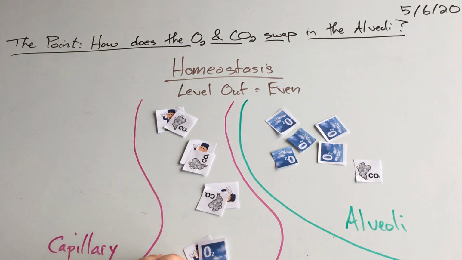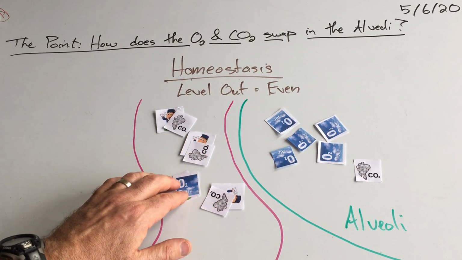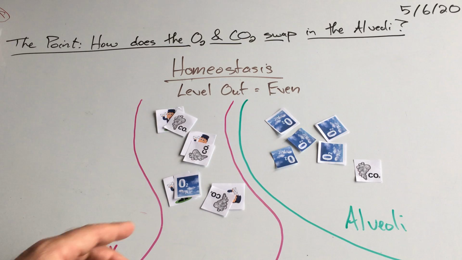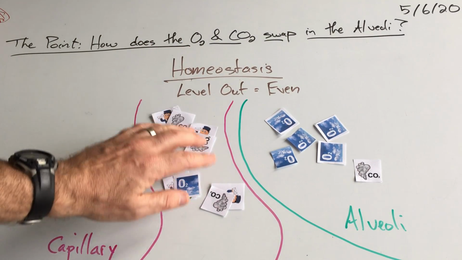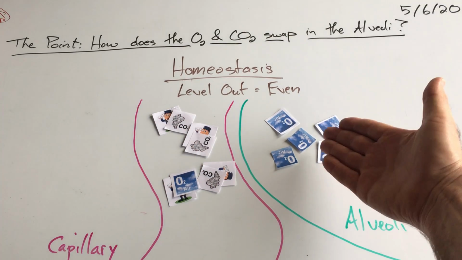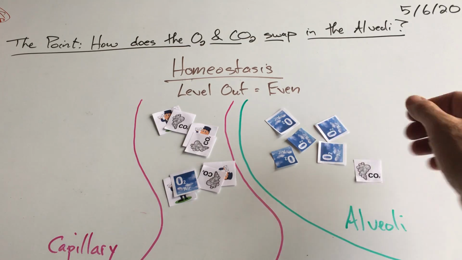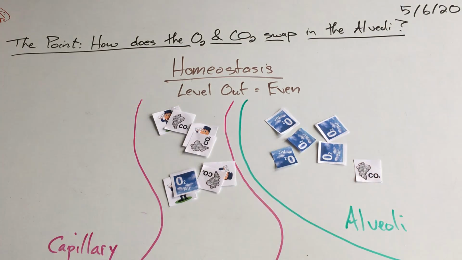The blood doesn't drop off all the air perfectly, so there'd probably be some red blood cells that still have oxygen in them. So this blood, as it flows down, has a bunch of carbon dioxide and a little bit of oxygen. This air that we just breathed in has a bunch of oxygen and a little carbon dioxide.